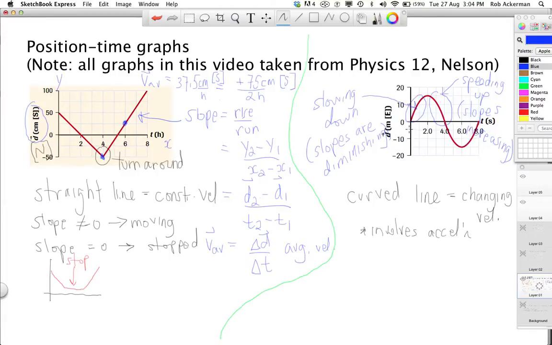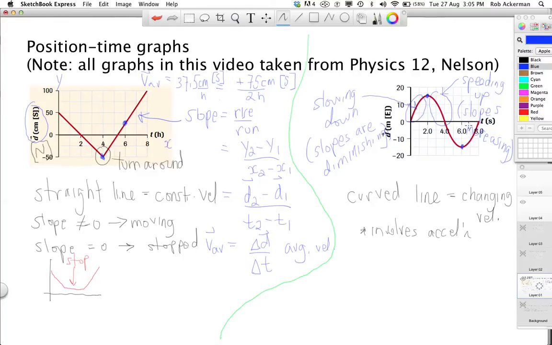For example, your teacher may ask you, find the average velocity between 2 and 6 seconds. So you go from 2, okay, here's the point up here, and 6, there's the point down there. The velocity changes throughout this interval as indicated by the curves. However, there is an average over any time interval. There's an average for everything. There's an average for your mark over the semester.